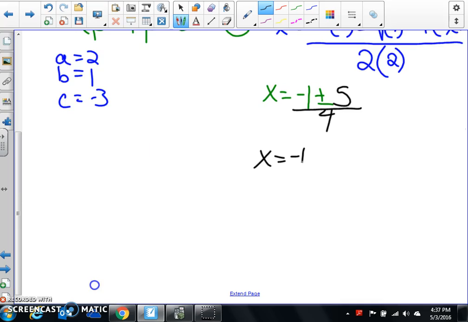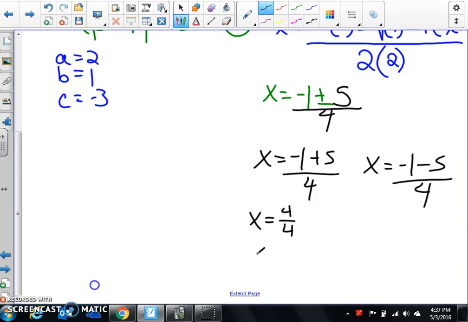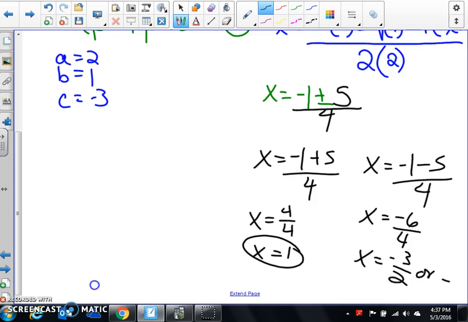All right, next, negative 1 plus 5 over 4, negative 1 minus 5 all over 4. So this gives us 4 over 4, which is 1. And then over here, x equals negative 6 divided by 4, which is negative 3/2, or negative 1.5. But remember, keep it as a fraction. I don't know why on the study guide I was doing decimals. Negative 3/2, comma 1.